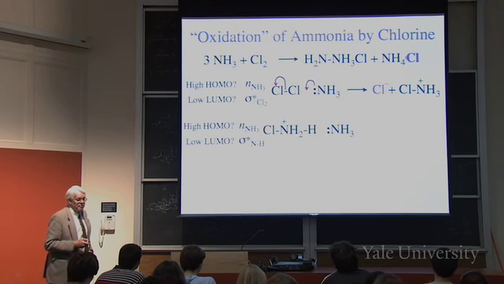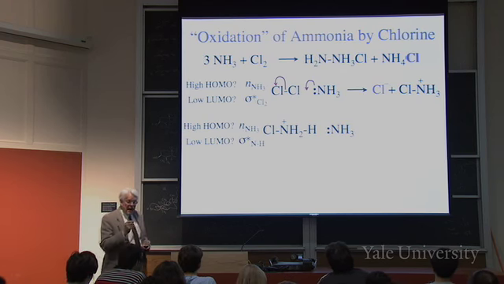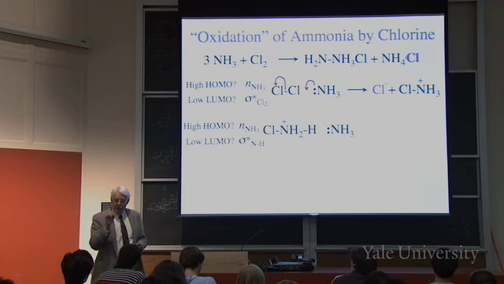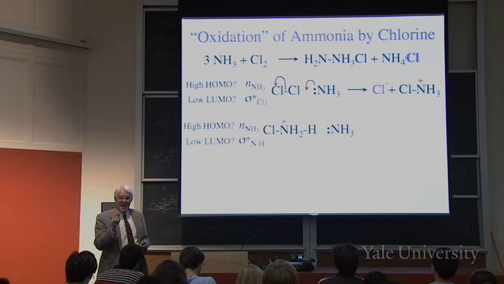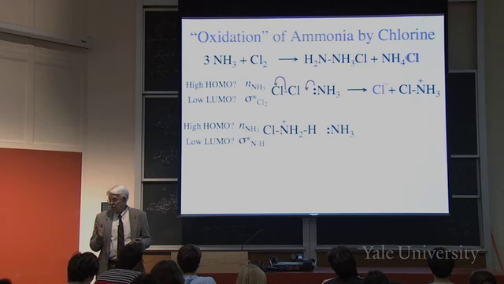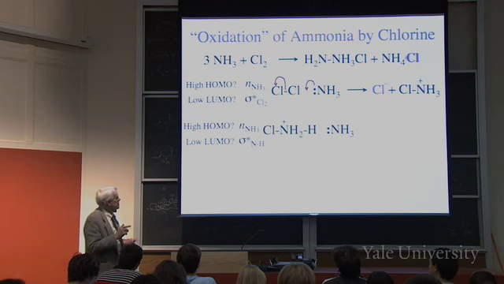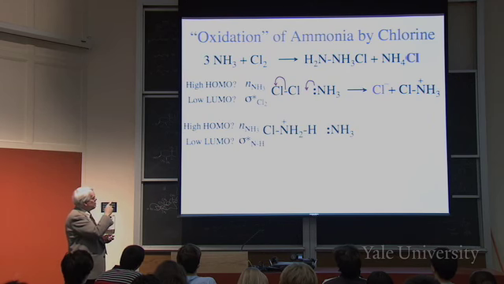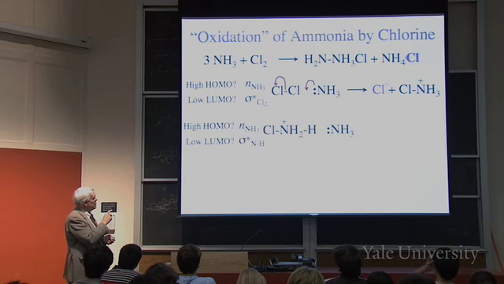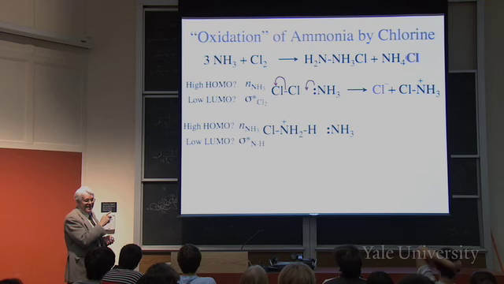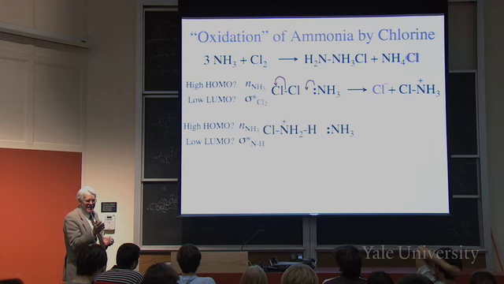Same deal again, right? So the best reaction, I think, would be for the unshared pair to attack the chlorine. At least that's something that you could imagine. If that happened, what would the product be? If NH3 attacked Cl, it would make an NH3Cl bond and lose what? What, Russell? NH3. So what about it?